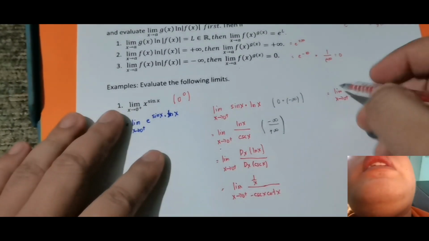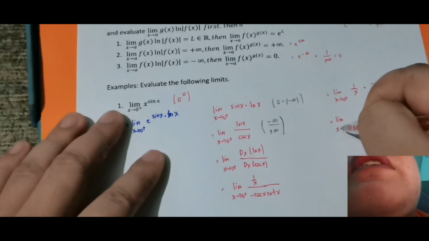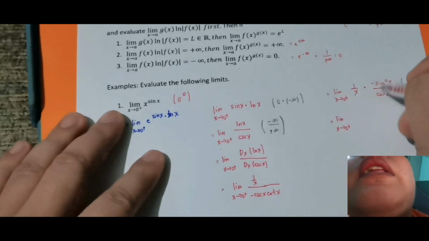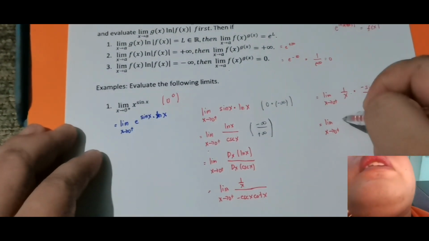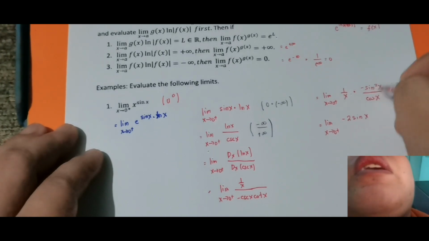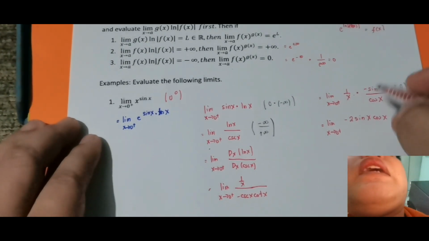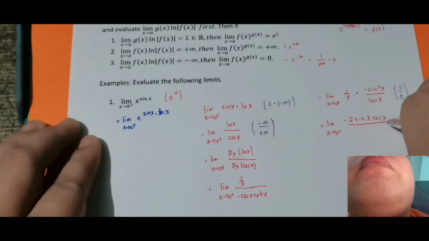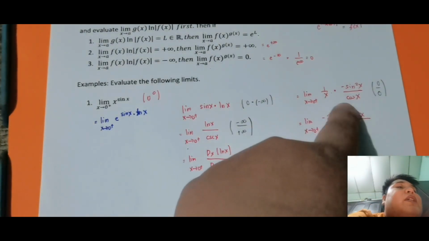So, basically, this is just equal lang sa limit as x approaches 0 from the right. Derivative ng negative sine squared x is just negative 2, bababa yung 2, then sine x. Tapos derivative ng sine, cosine. Okay, so tama naman ang pagkakaderivative, chain rule ni sir. Then derivative ng cosine x, x cosine x sa ilalim. Derivative ng x cosine x kasi product rule yan.